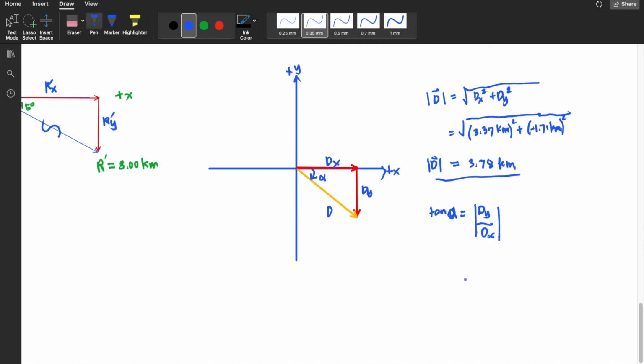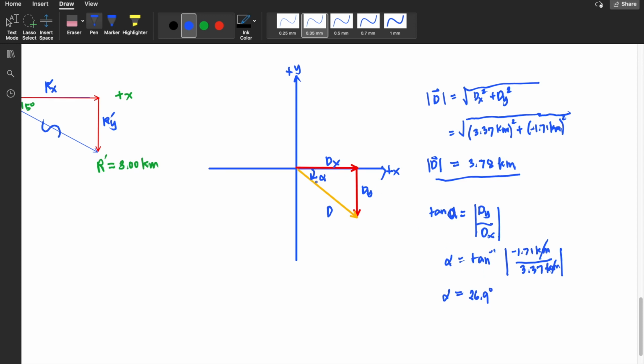Your alpha is simply equal to tan inverse of dy, negative 1.71 kilometers, over 3.37 kilometers. Since these are absolute values, the negative sign disappears. The final answer is simply 26.9 degrees.